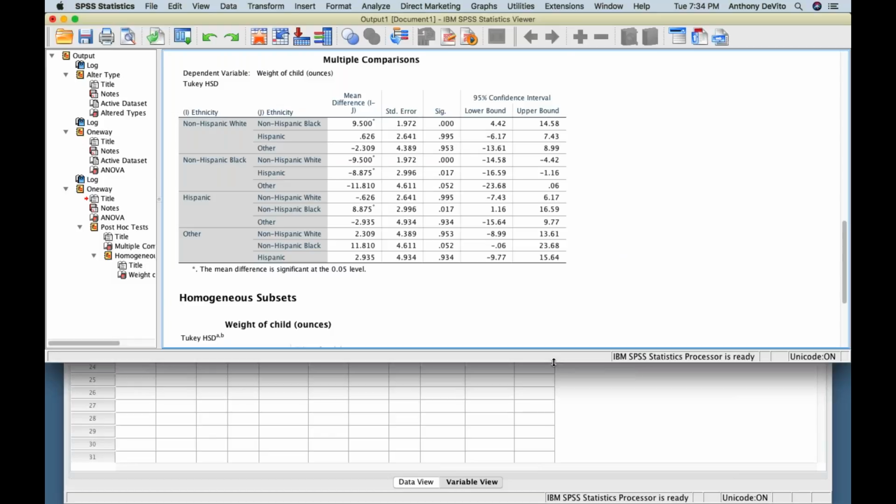You can reject the null hypothesis that the mean of non-Hispanic whites is equal to non-Hispanic blacks. This just reiterates that. And you want to know something? We also say the mean weight for babies who were Hispanic in this population was different from the mean weight for non-Hispanic blacks in this population.